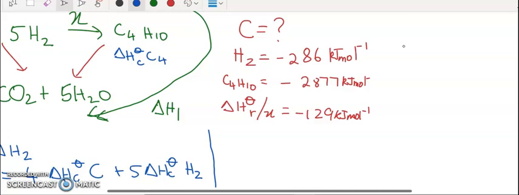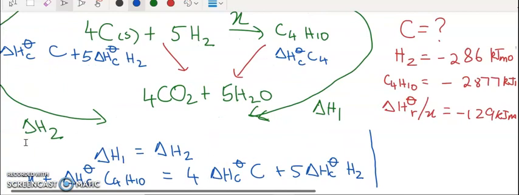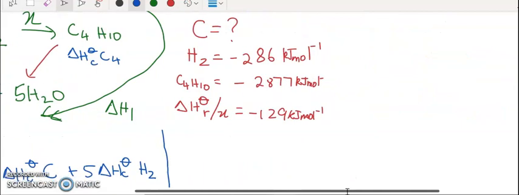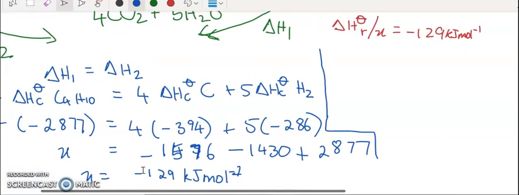So using the same Hess cycle, using the same values, we're going to calculate this. Suppose we never did this type of calculation down here. We are still going to take it as delta H1, delta H2. So we're going to copy the same exact sentence that we wrote here because nothing changes. It's still going to be the same.